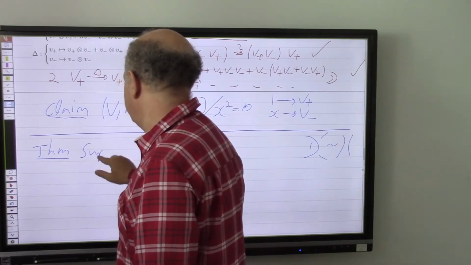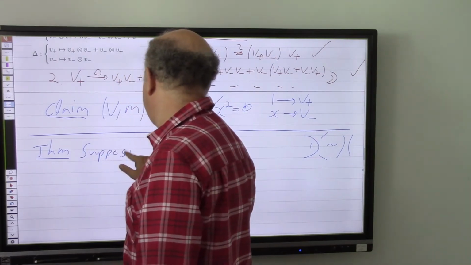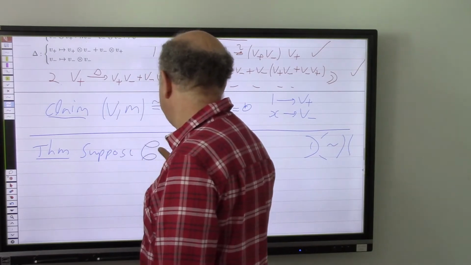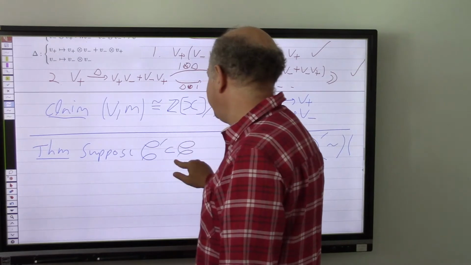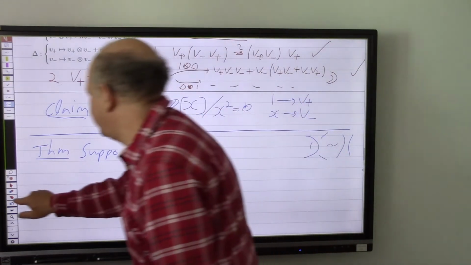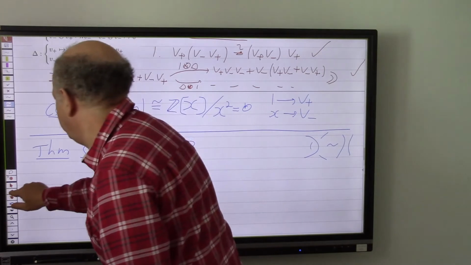So suppose C prime, a subset of C, so this is calligraphic C in as much as I can do it.